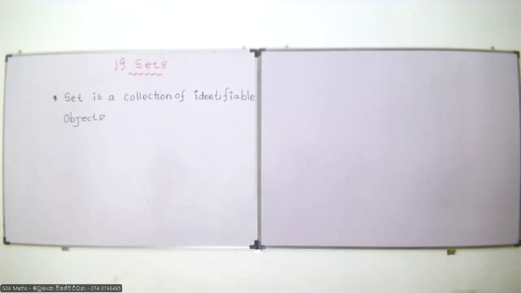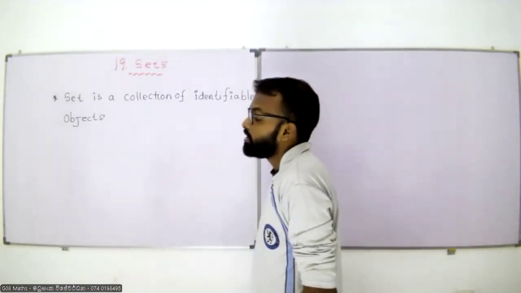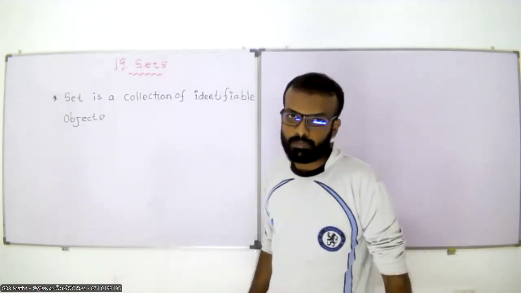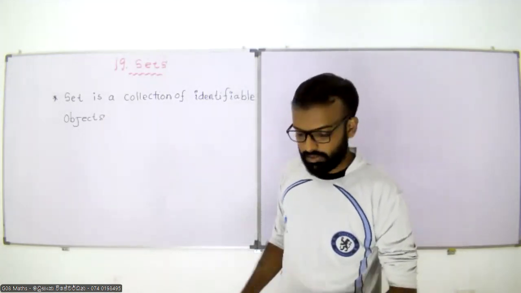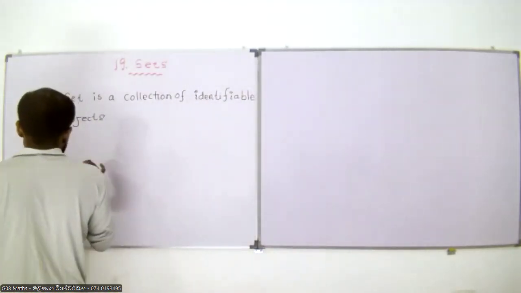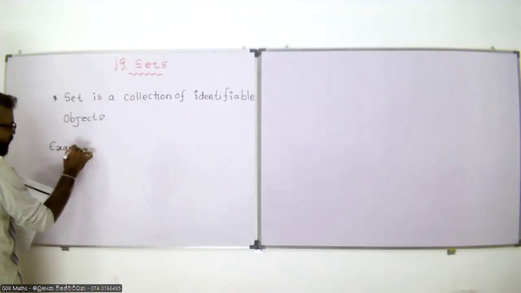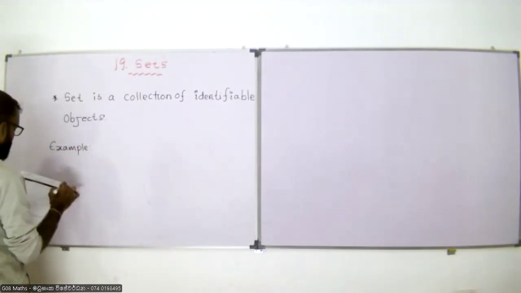I am going to give you some examples later. First of all, let's clarify the theory part. Then I have given you an example, so I will explain the example here.